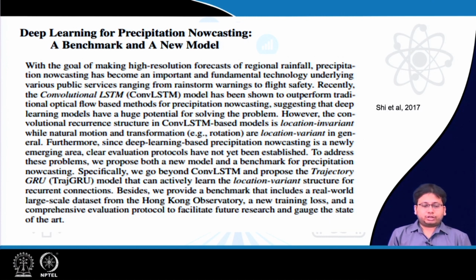However, the convolutional recurrence structure in ConvLSTM based models is location invariant, while natural motion and transformation such as rotation are location variant in general. That is to say, when we are considering a convolutional operation, the same convolution kernel is used all over the image.